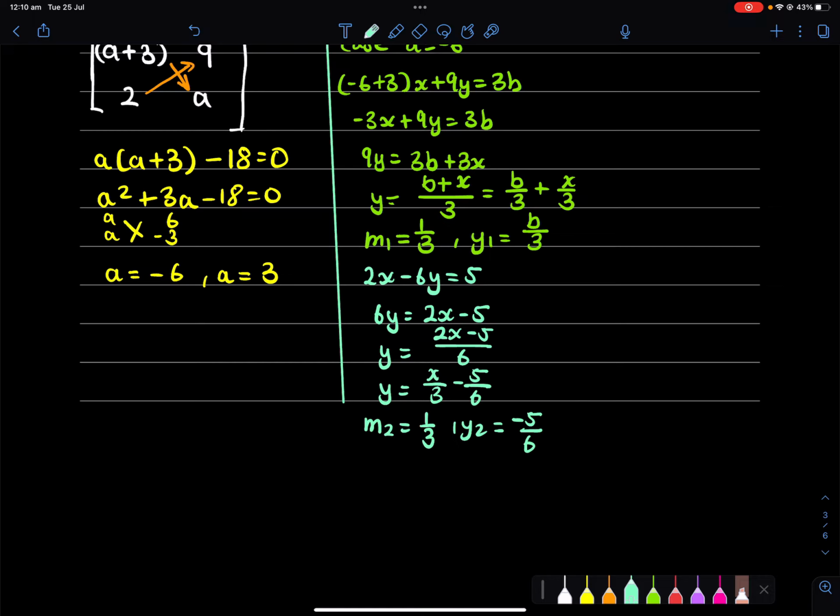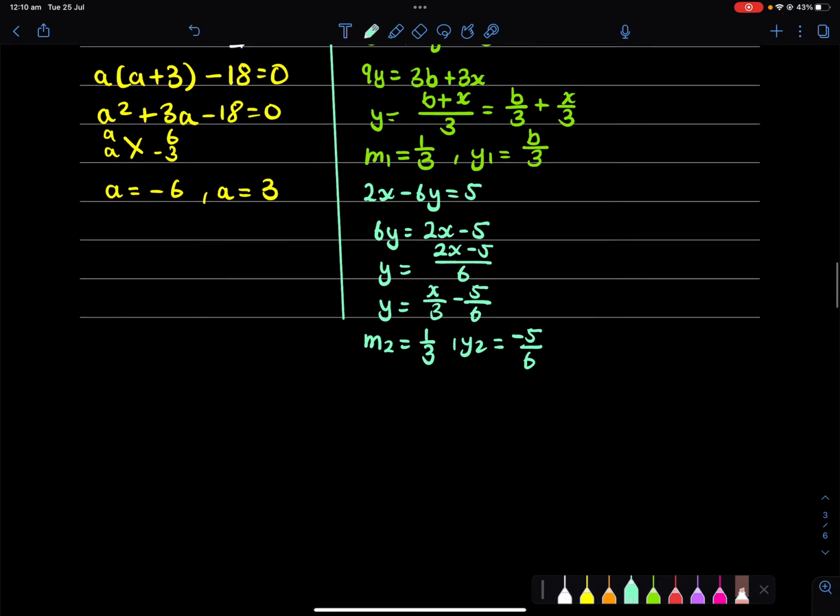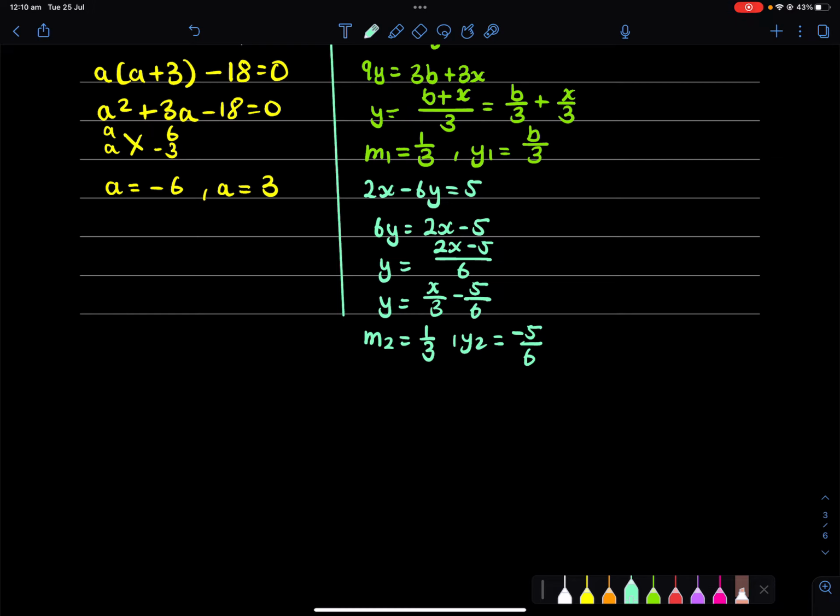So what values of b do not equal negative 5 over 6? We want to make sure that b over 3 must never actually be equal to negative 5 over 6 for it to be no solution. So what I'm going to do here, I'm going to equate them. So b over 3 must not equal negative 5 over 6.